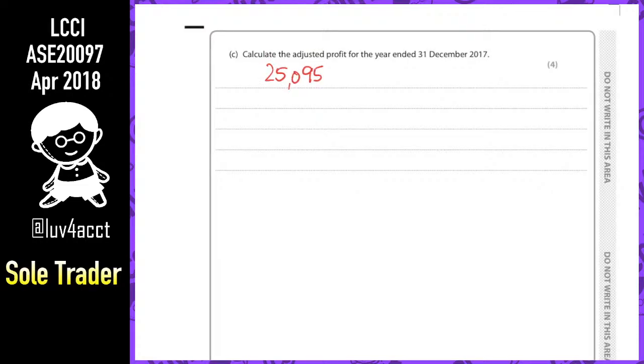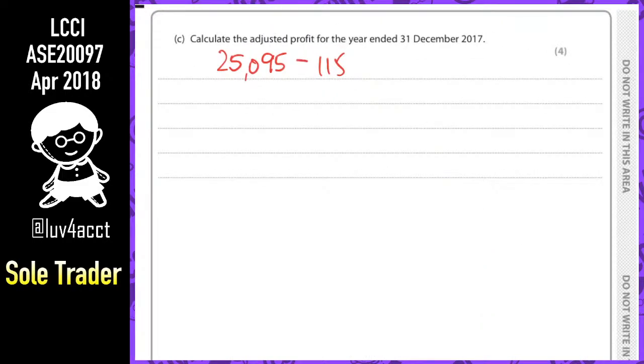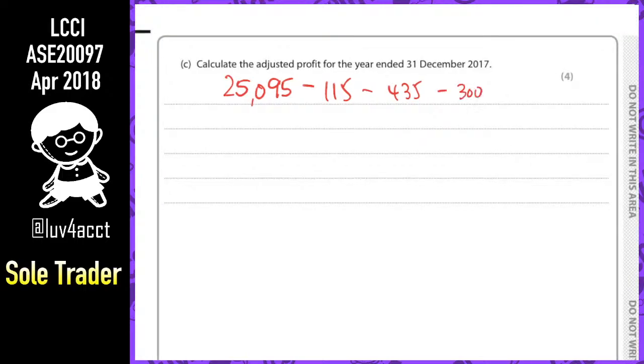Disposal loss, how much? Disposal loss being 115, and then depreciation 435, and then the accrual 300. That means we have an adjusted profit of 24245. So finish, 4 marks for this one.